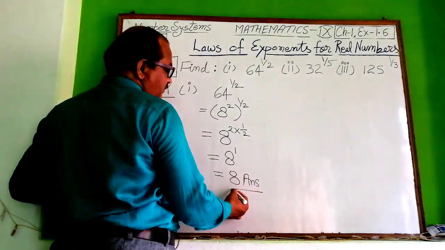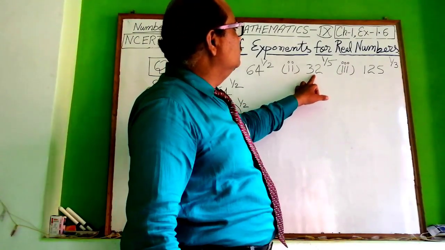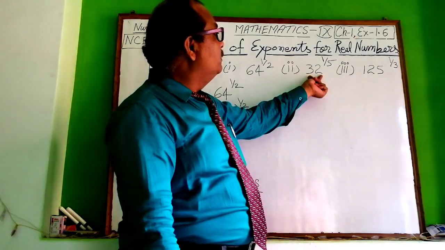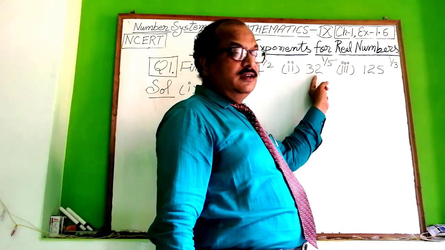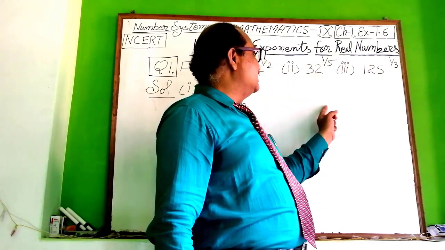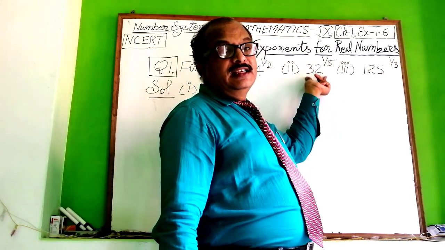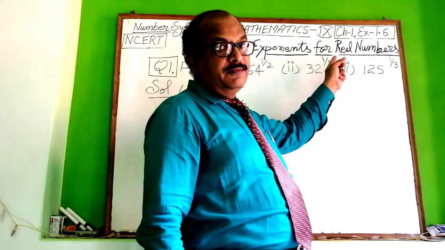Now see the hint for the next two. This is 32 raised to the power 1 upon 5. Write its prime factors: after prime factorization, write in the form of an exponent. 32 can be written as 2 raised to the power 5, whole to the power 1 upon 5.